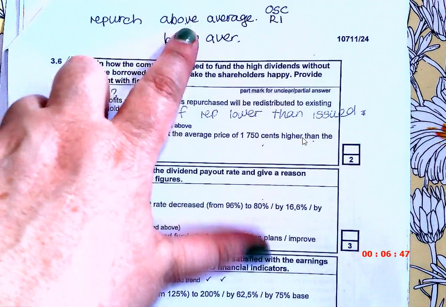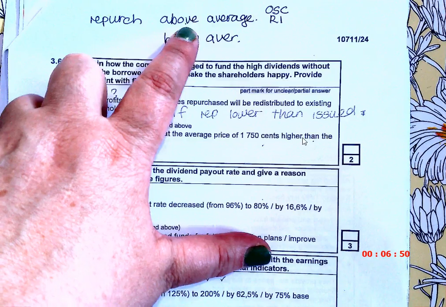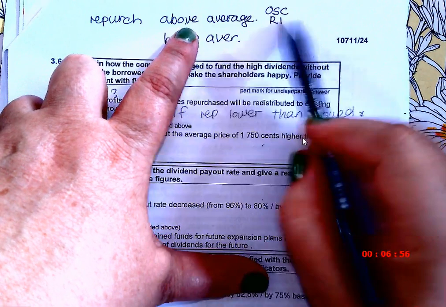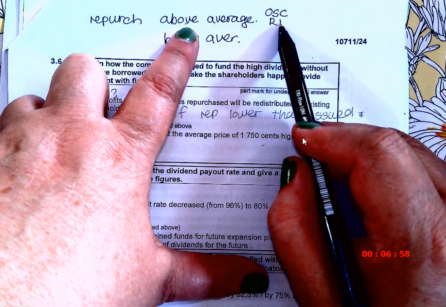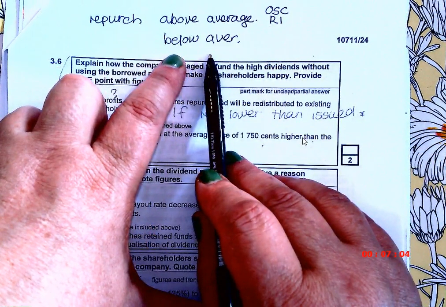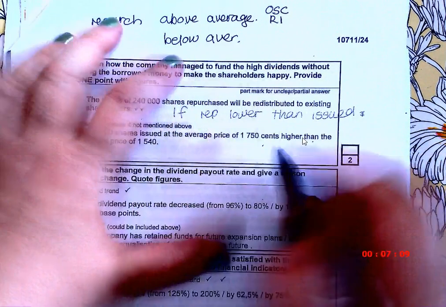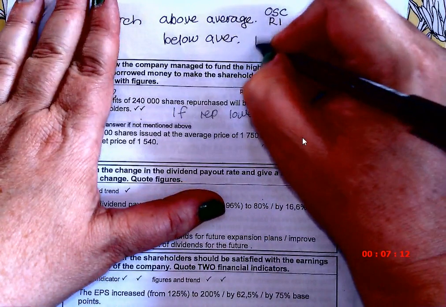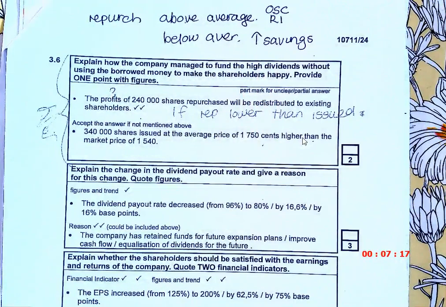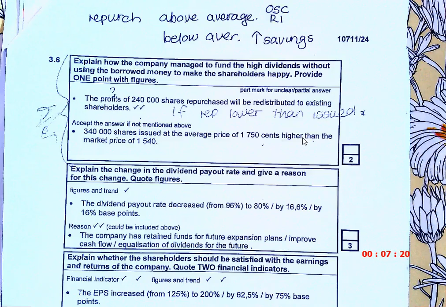If something above makes me have to use my savings, my retained, what would be the implication if I buy back below? I'm going to save money. Can you see it's going to increase my savings? So I'm not going to show you the entries for that. But I am now going to pay less than the average price for my share.